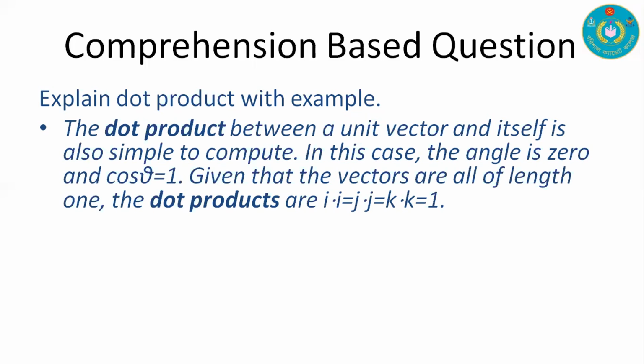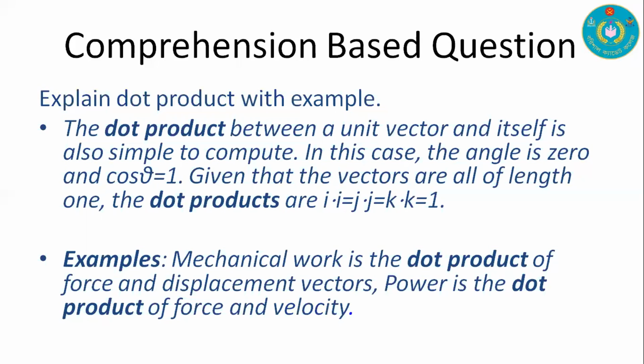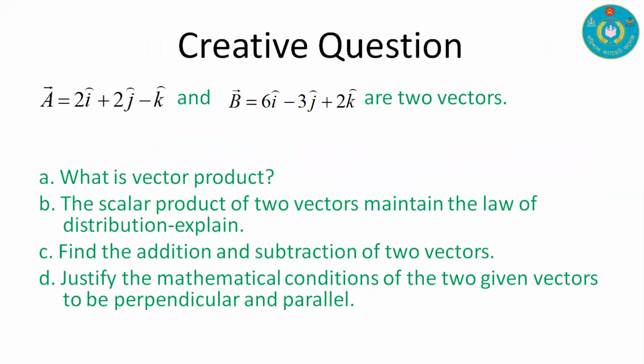Given that the vectors are all of length 1, the dot products i dot i, j dot j, k dot k are equal to 1. Examples: mechanical work is the dot product of force and displacement vectors. Power is the dot product of force and velocity.